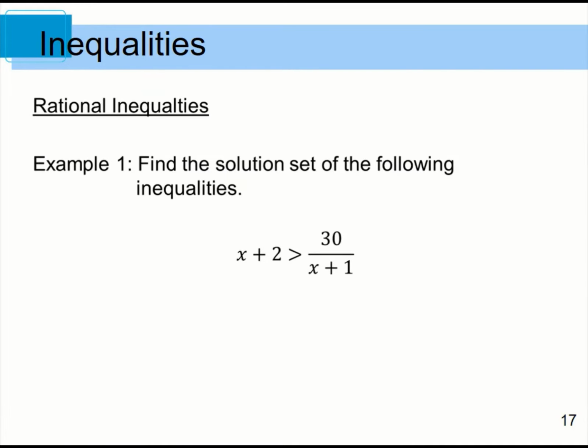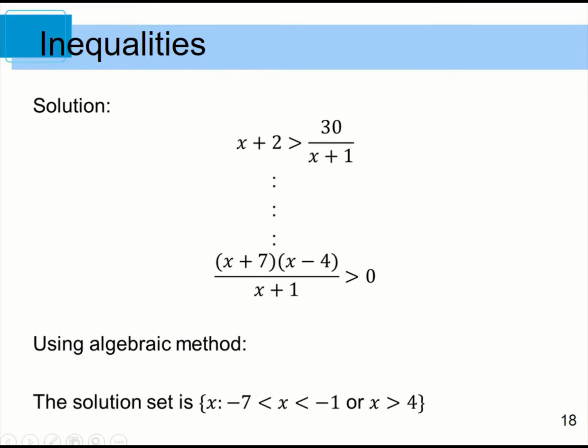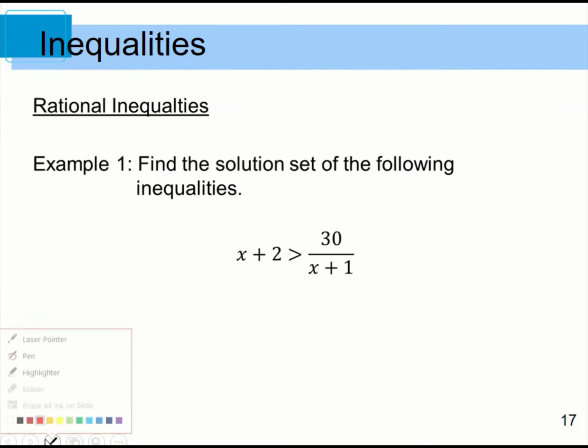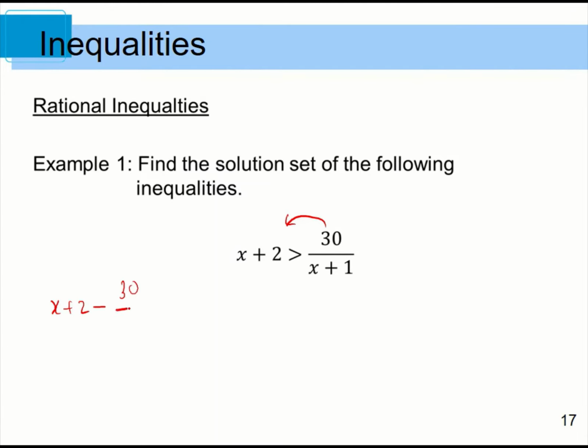We have another type of solution for this question. The alternative solution is, first we bring the 30 over x plus 1 to the left-hand side. So when we bring this to the left-hand side, we have x plus 2 minus 30 over x plus 1 is greater than 0.